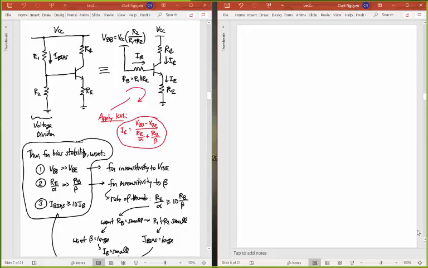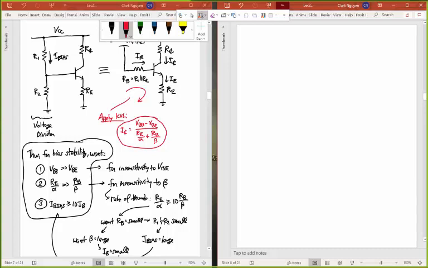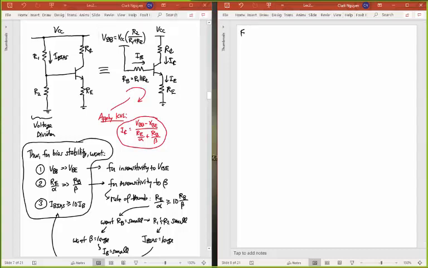But let me just write here that for practical amplifier requirements, we compromise on these different requirements that we have here, and we start with this.